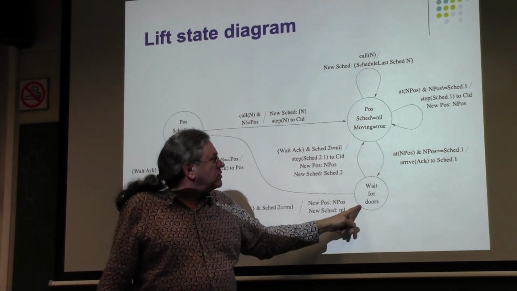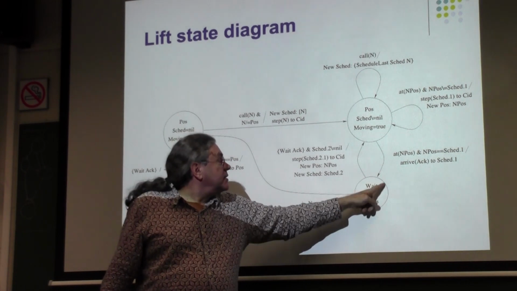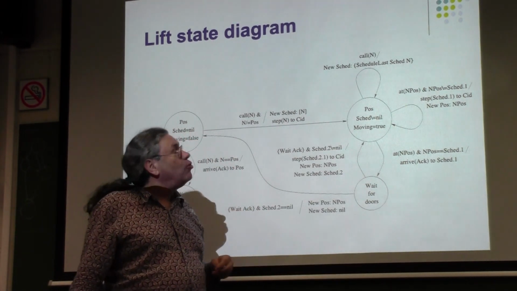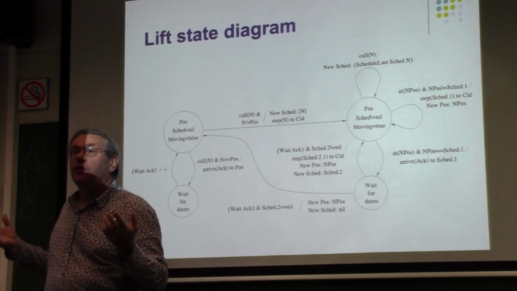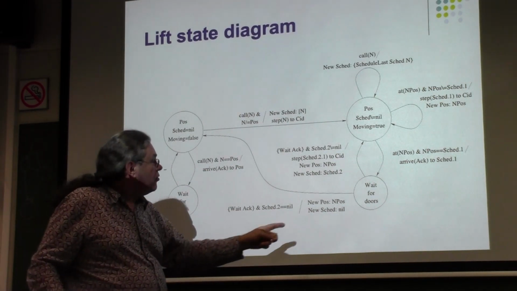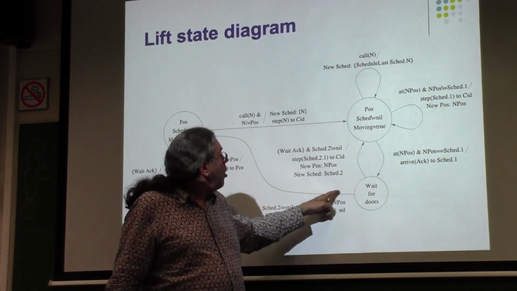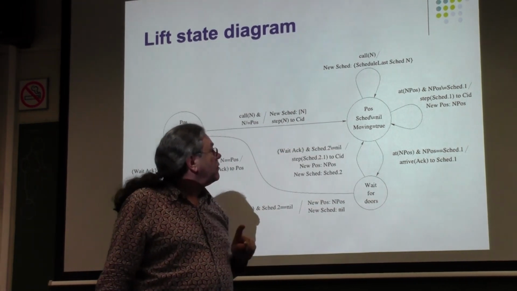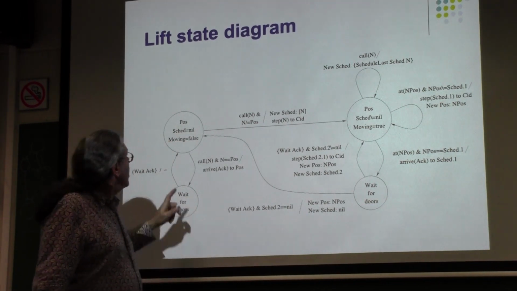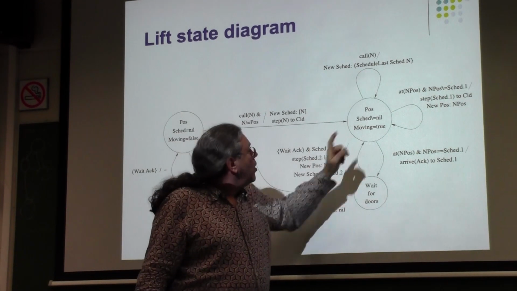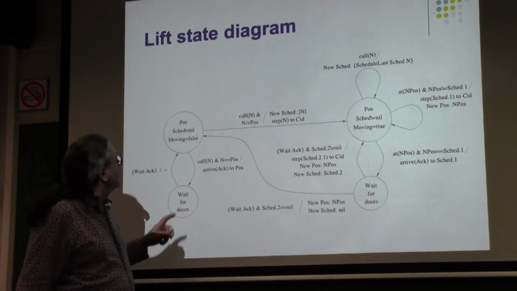Because waiting for the doors is a temporary state that has a short time duration, and I cannot move anyway while I'm waiting for the doors, so I don't really have to handle the call N message here, because after some time I will always go back to one of these two states. Okay? So the call N messages are handled in these two states when I'm not waiting for the doors.